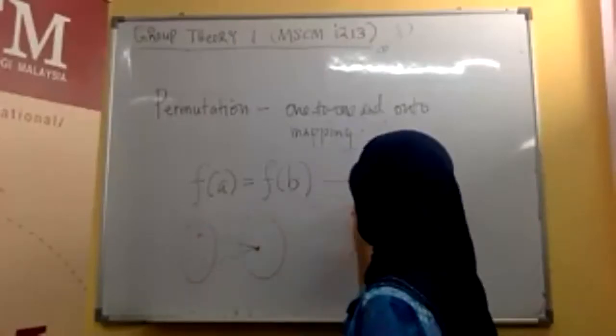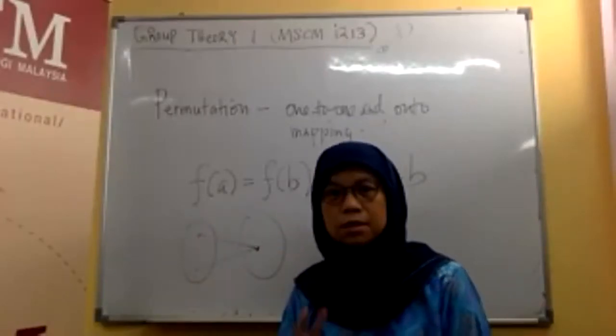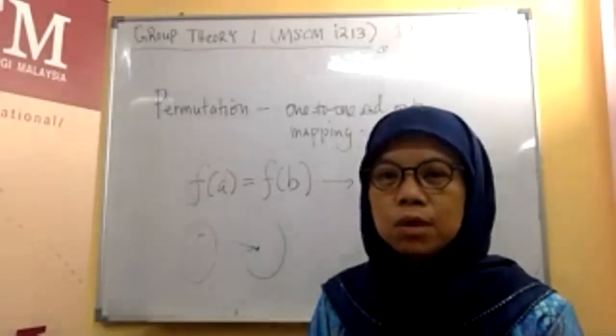Different goes to 1, yes. 1 goes to different, that is not a function. You cannot have two images. So if you have two same ones, you cannot have two different ones. They have to be the same. This is the basic definition of 1 to 1.